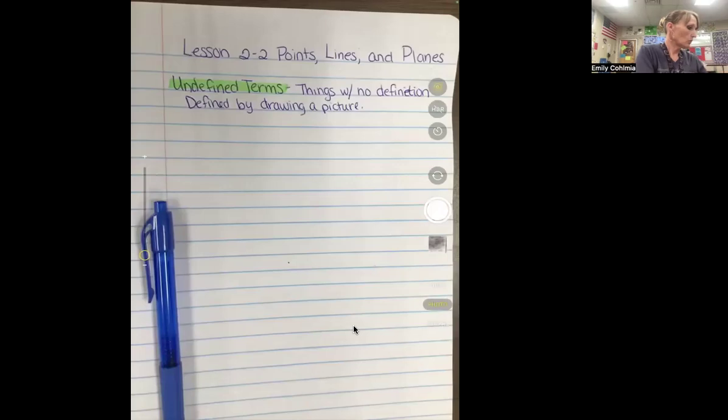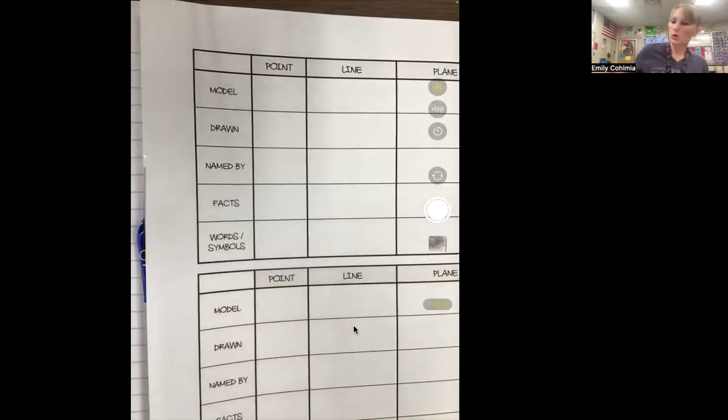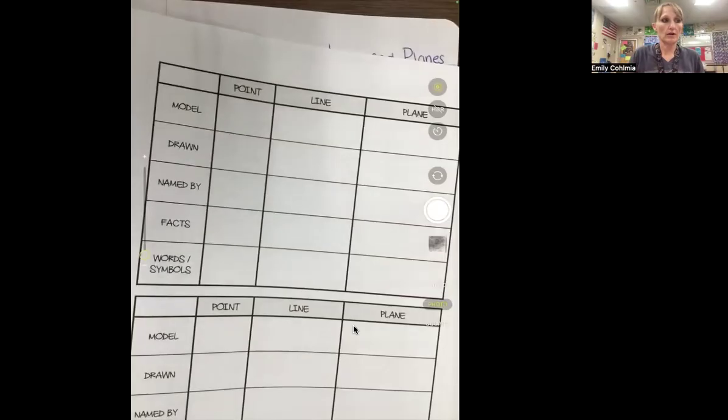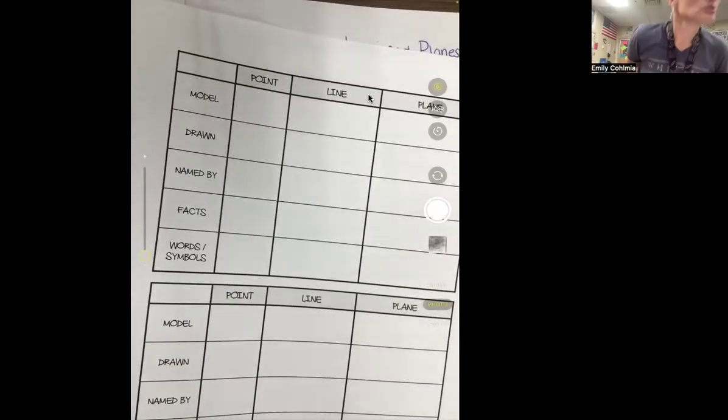So in your guided notes, you should have this paper. If you have two of them, you're going to cut it in half and give a piece to your neighbor. Let me grab a pair of scissors really fast.